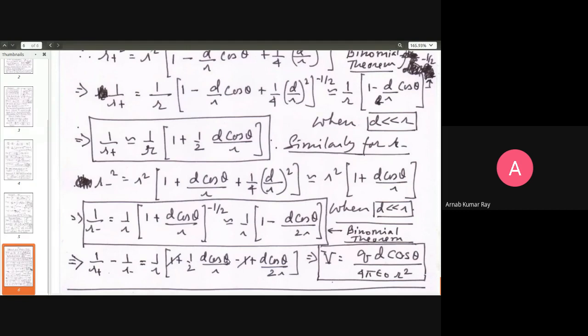And you have d cos theta by 2r plus d cos theta by 2r, which is d cos theta by r. There's a 1 upon r outside. So this whole package should give you d cos theta by r squared, because half and half will add up to 1.